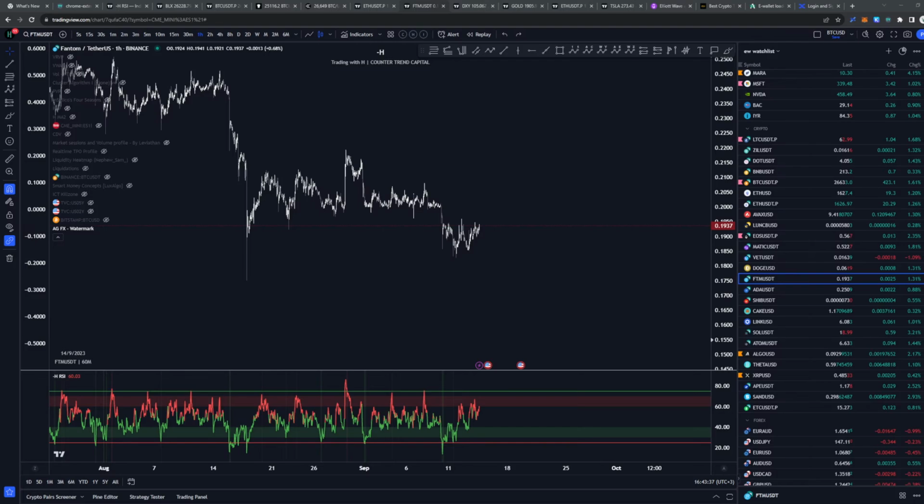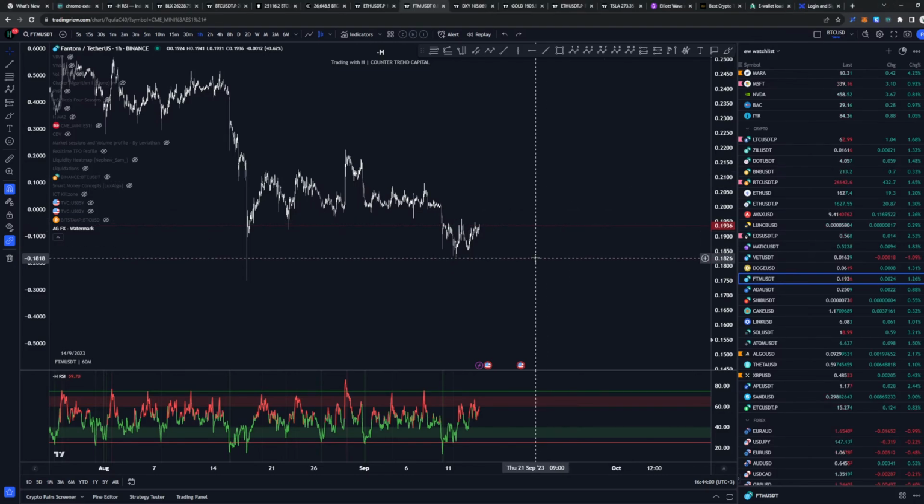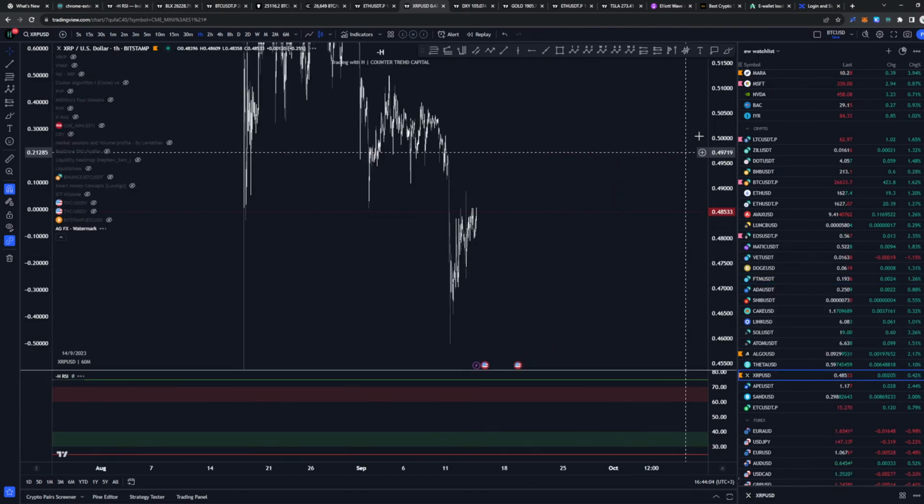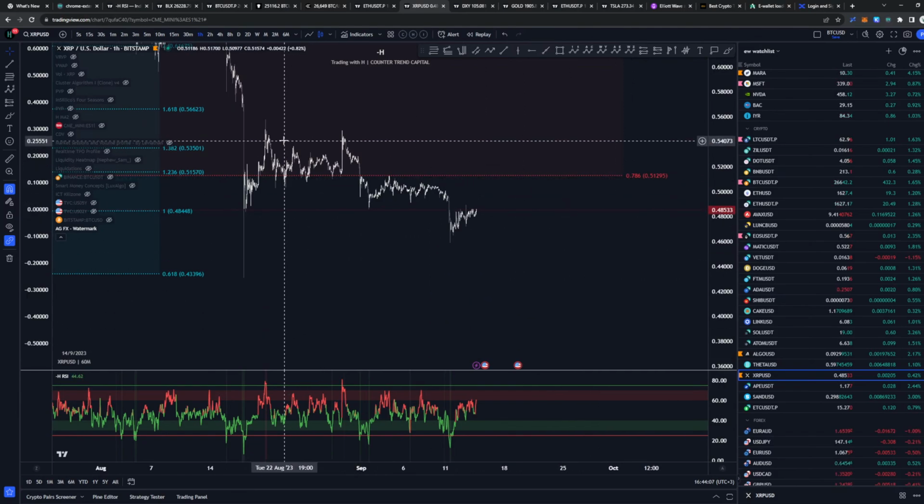We did the indices already. We did some of the stocks. We did some of those cryptos. Let's see if we have something else. XRP. Oof, this is ugly.